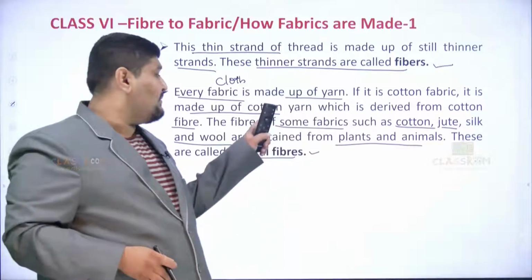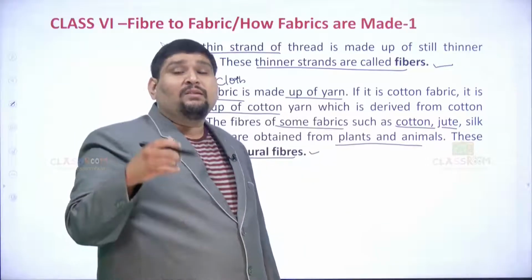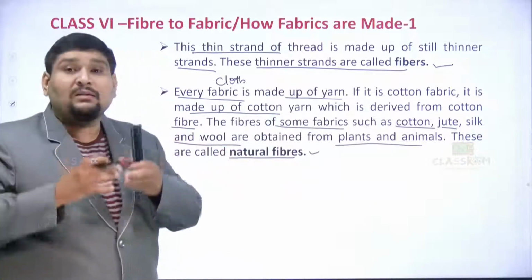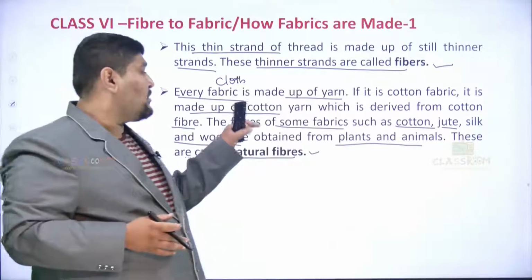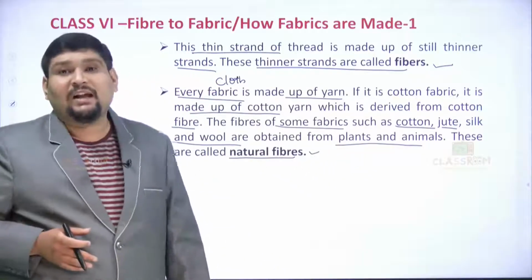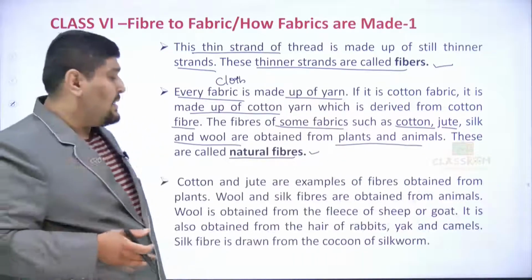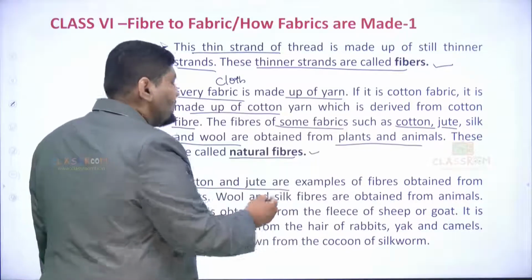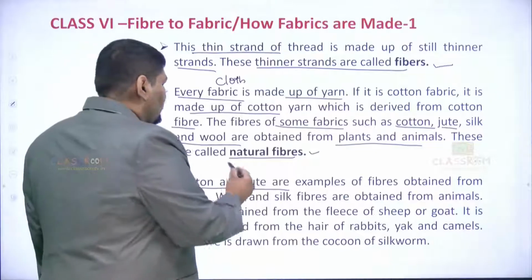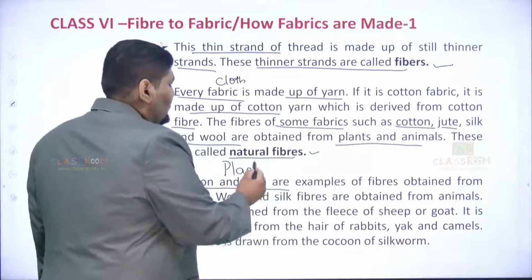Whichever fibers you find in any form that are obtained from plants and animal sources, those fibers you call natural fibers here. Cotton and jute are examples of such fibers, because cotton and jute are obtained from plant sources.